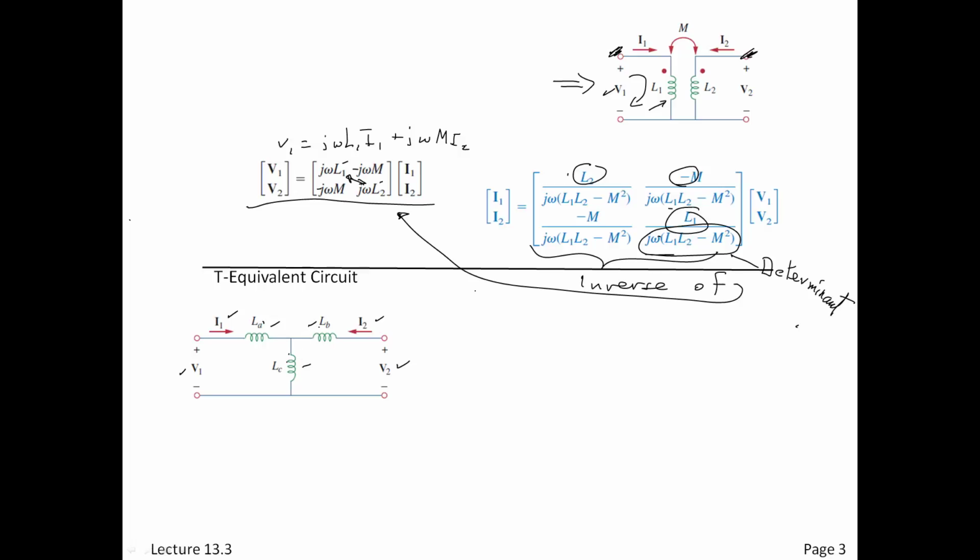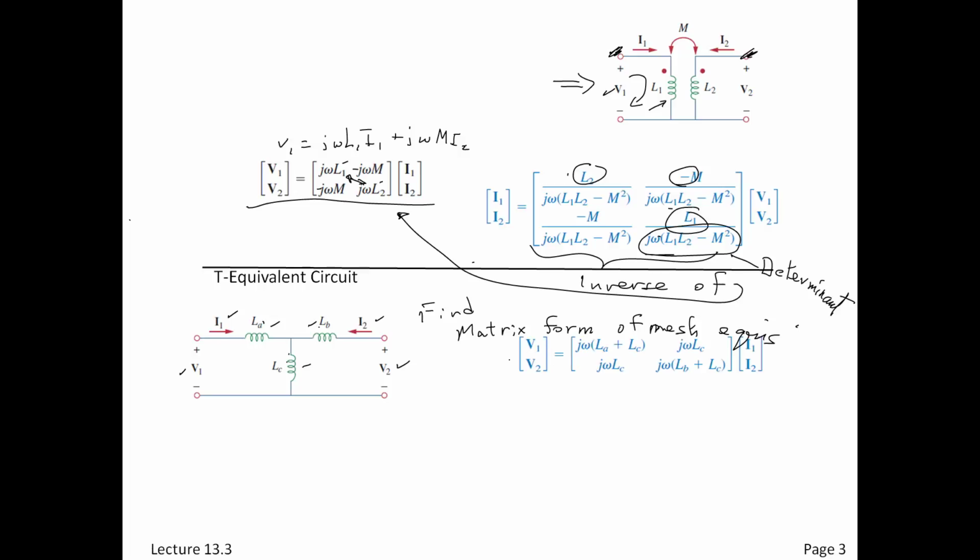Obviously, what we're going to do here is we're going to find the same matrix form of the mesh equations. And then we're just going to match up terms, right?